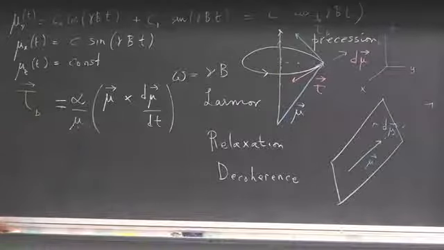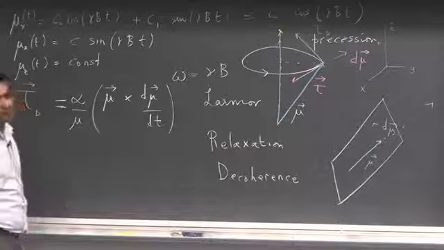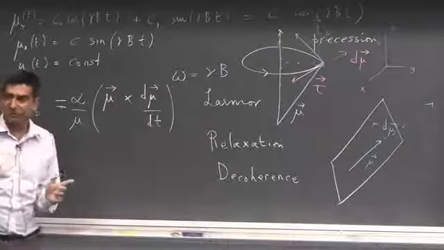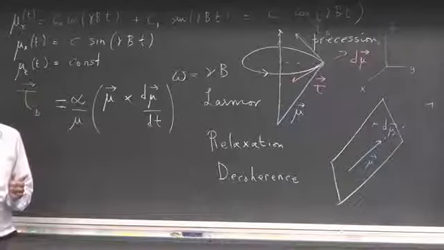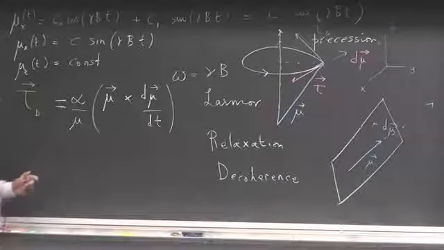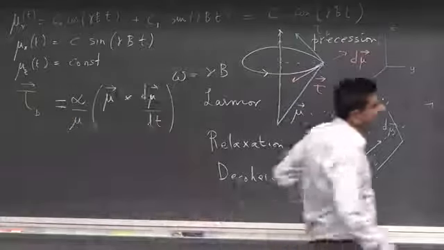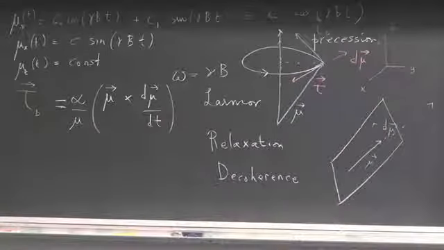So now the Bloch equation is slightly modified. You have a real torque, a coherent torque, which is causing the precession of this magnetic moment in the field, and on top of this you have this dissipative torque.